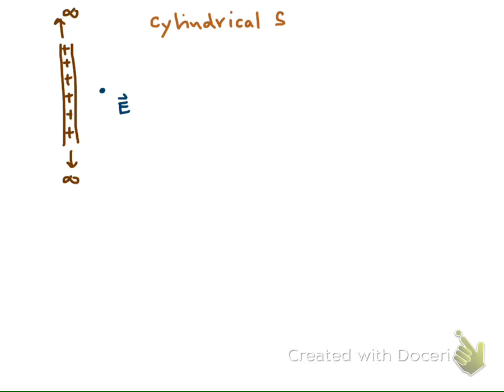It means that if we look on a circle, or more precisely, on a cylindrical surface, which has the line charge on its axis.